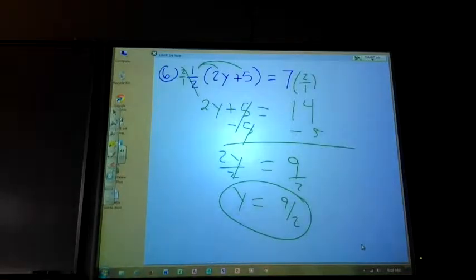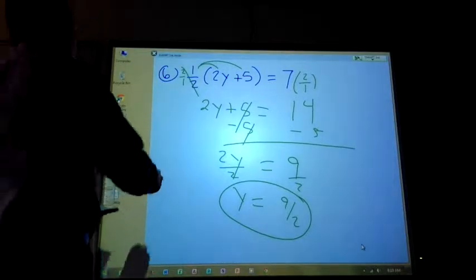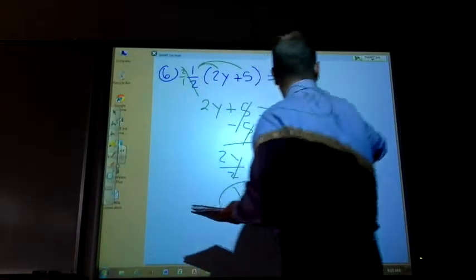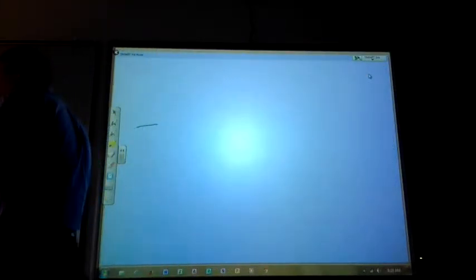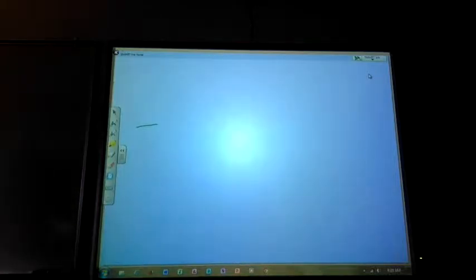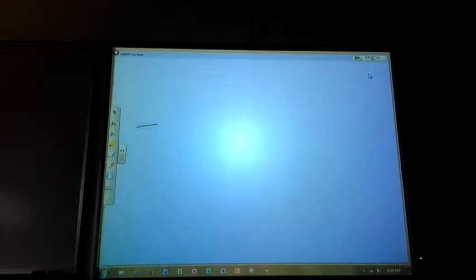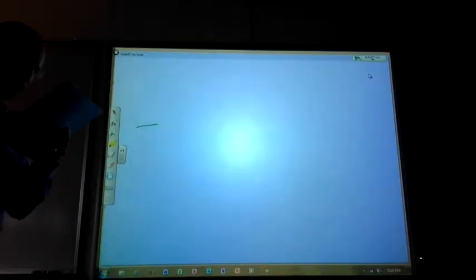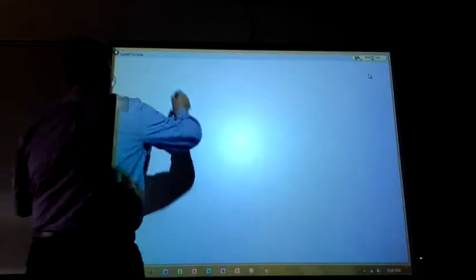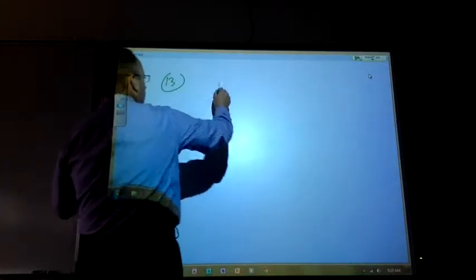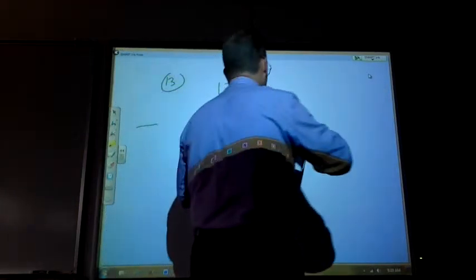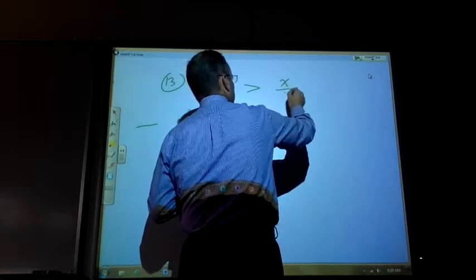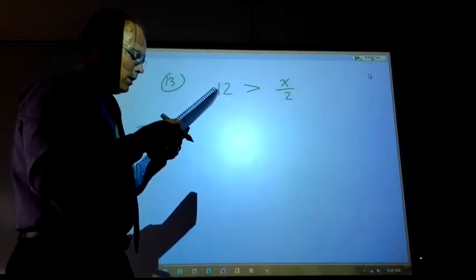Number 13. 12 is greater than the sum of half a number and 3. Half a number is this, and 3.